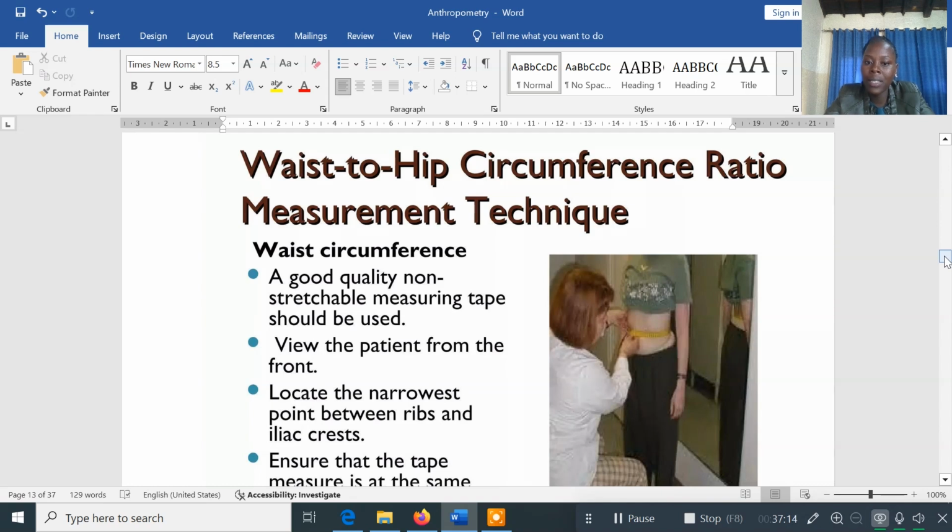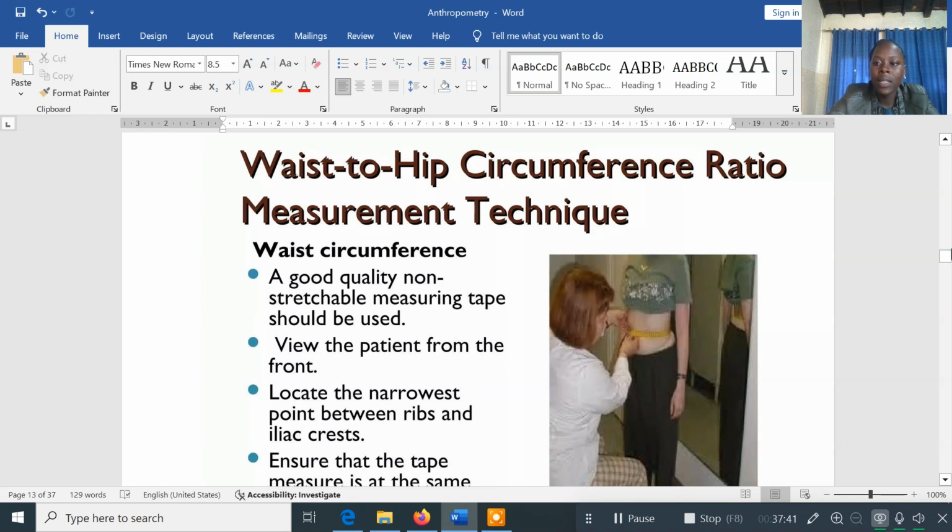The iliac crests are on the pelvic bones. So for example, with this client, say the ribs were around here. This health worker selected the narrowest point between the ribs and the iliac crests, the top of those pelvic bones.